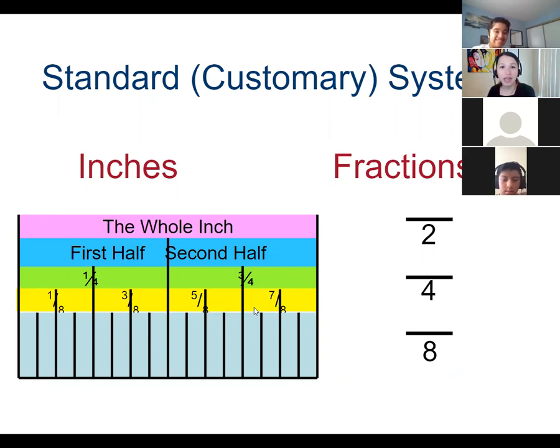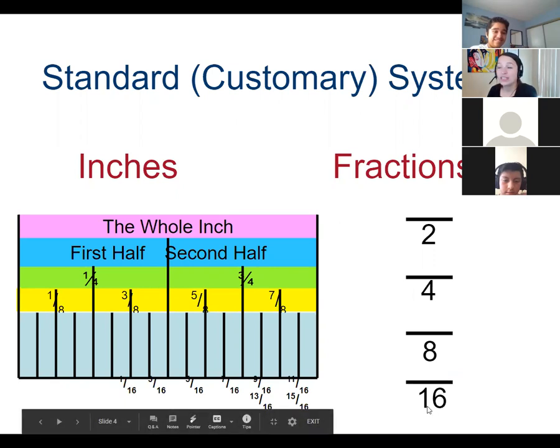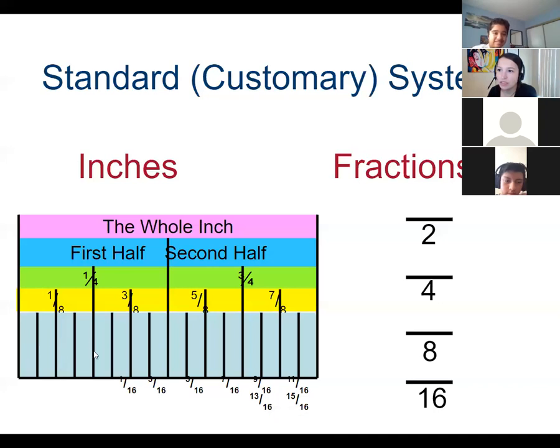And if I was teaching 8th graders, I might divide my ruler into 16 little lines. These lines are 1/16, 2/16, 3/16, 4/16, 5/16, 7/16.